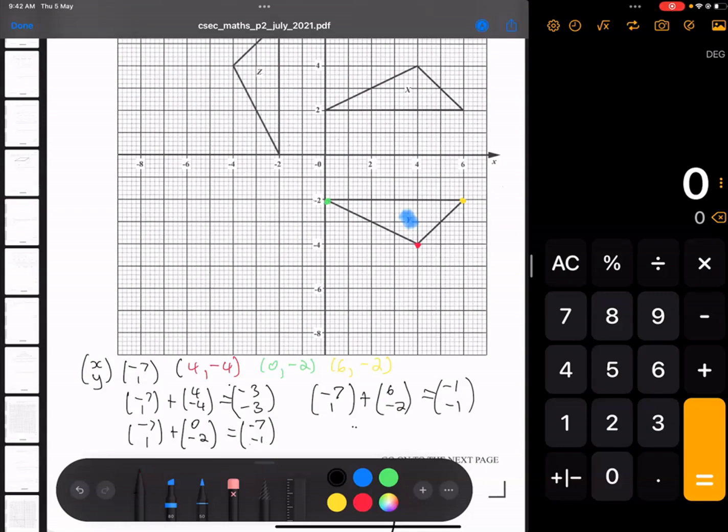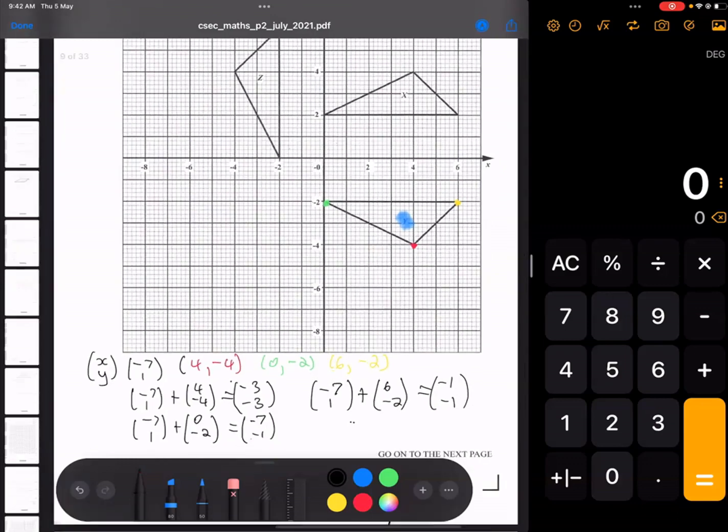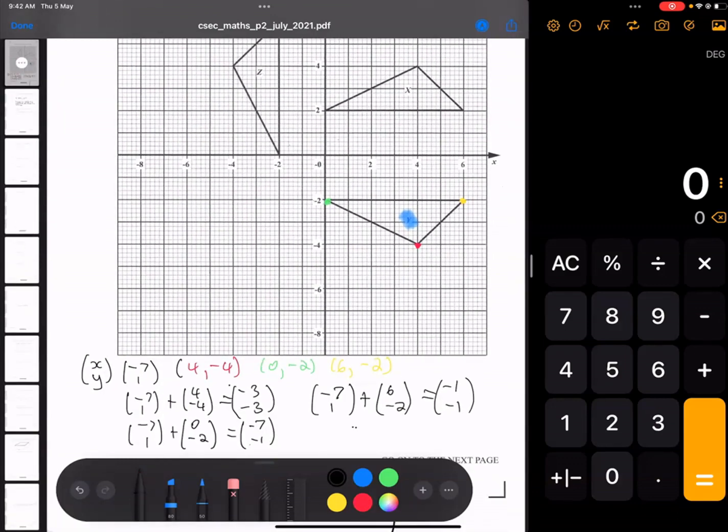So let's go ahead and plot those points. -3, -3. In between -2 and -4 should be -3. So our first point would be right here. Our second point, -7, -1. -7 should be between -8 and -6, and -1 should be between 0 and -2.